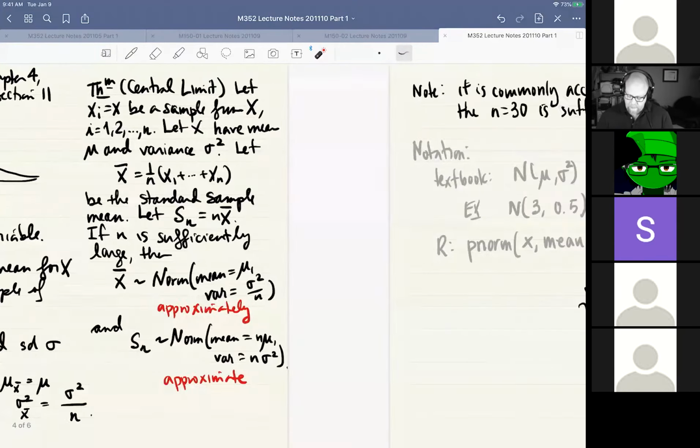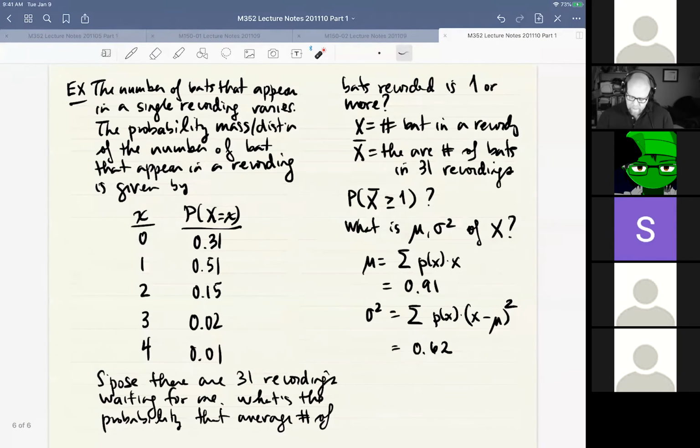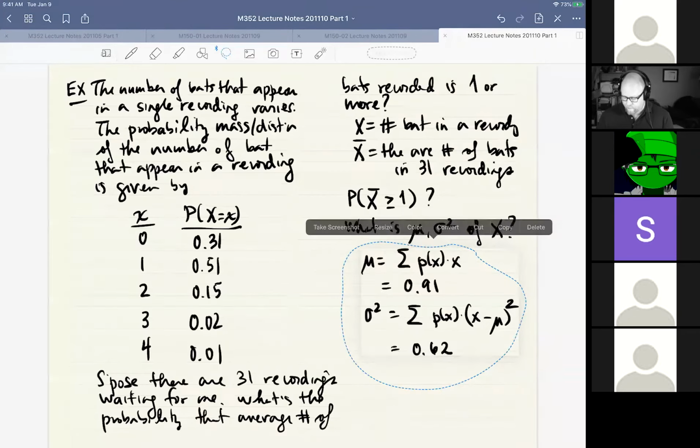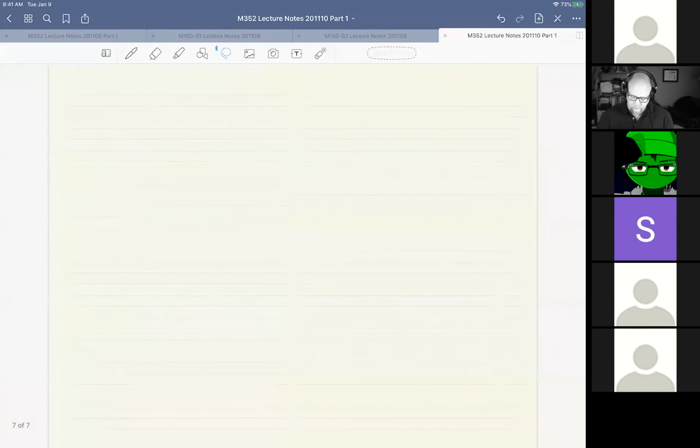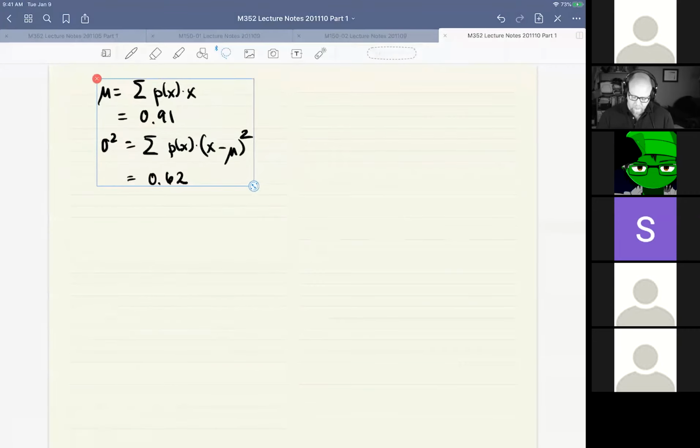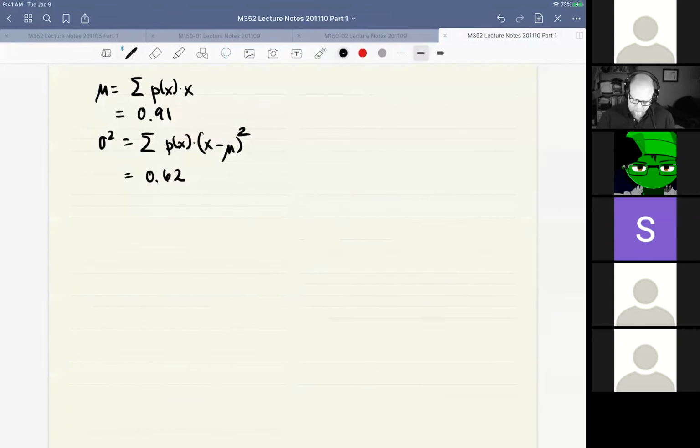So the mean of my sample mean is going to be my original mean, which is 0.91. And the variance of my sample mean is my original variance divided by the sample size, which is roughly 0.03.